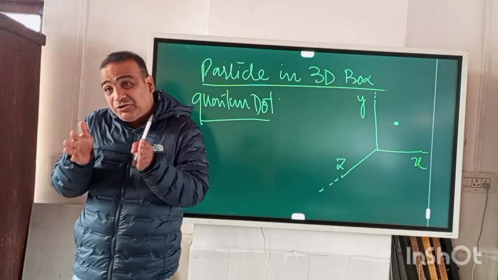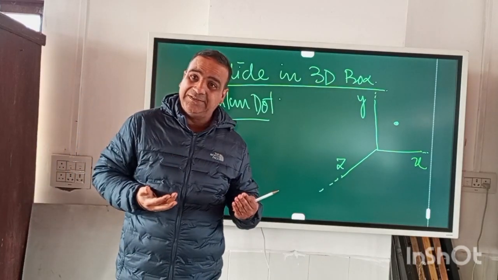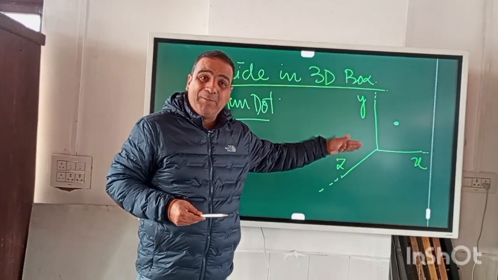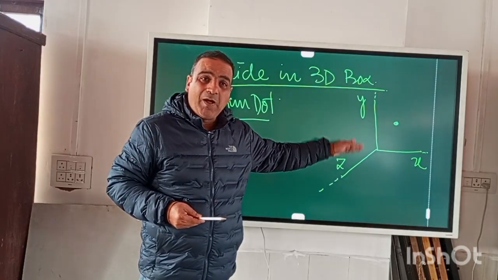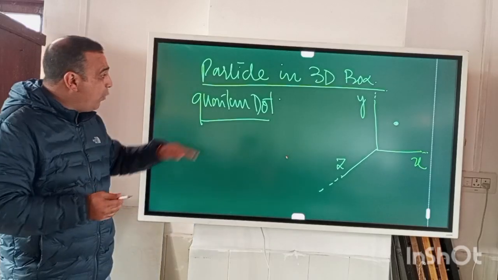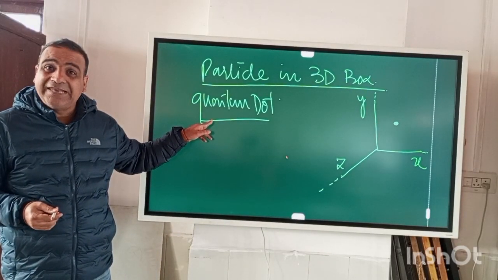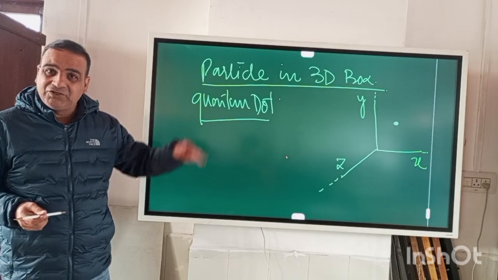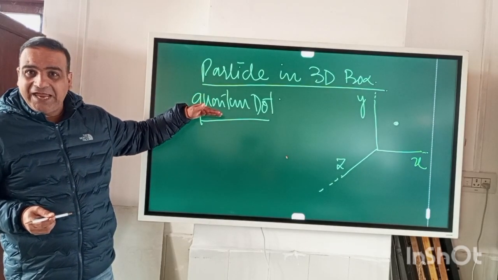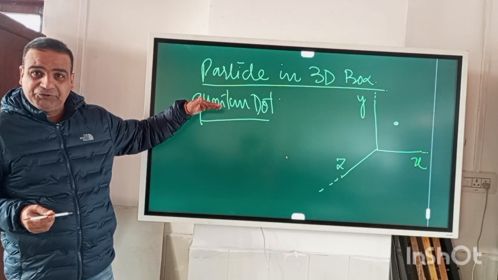And the behavior of electrons in those materials can be modeled by the problem of particle in a three-dimensional box. You cannot otherwise explain why the properties of a material change when you take them to nanoscale, right? So this tool, even though it's purely hypothetical in nature, has a lot to do with practical applications.